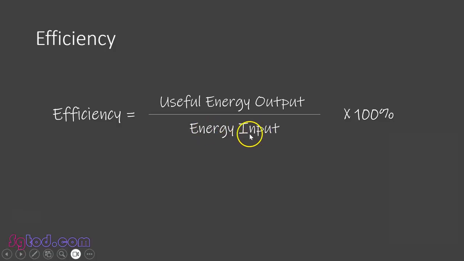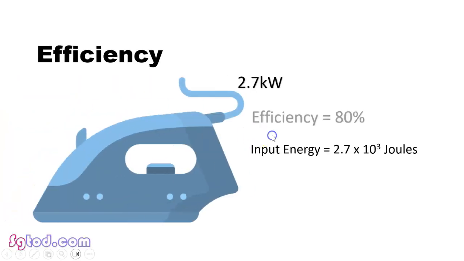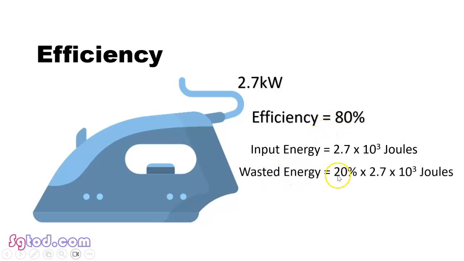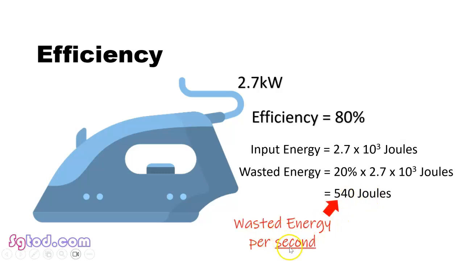If you are told that the efficiency of an appliance is 80%, it means there are 20% energy wasted. To calculate the amount of energy wasted per second, we take the 20% multiplied by 2.7 times 10 to the power of 3 joules, and that gives us 540 joules. Take note that this 540 joules is the wasted energy per second.